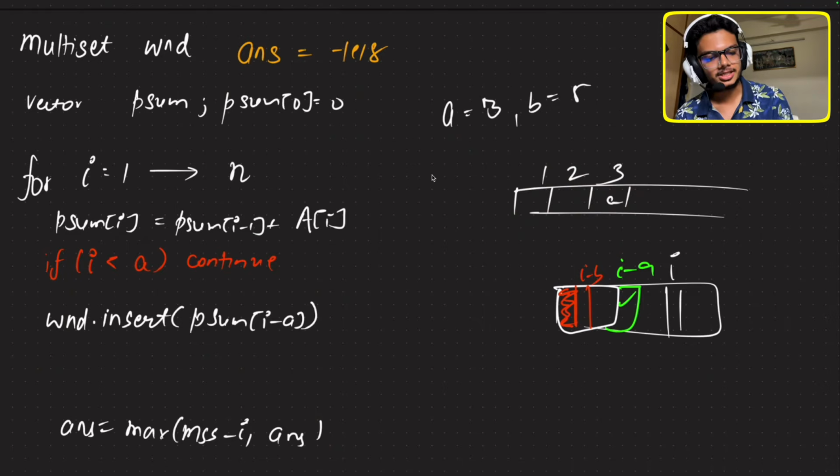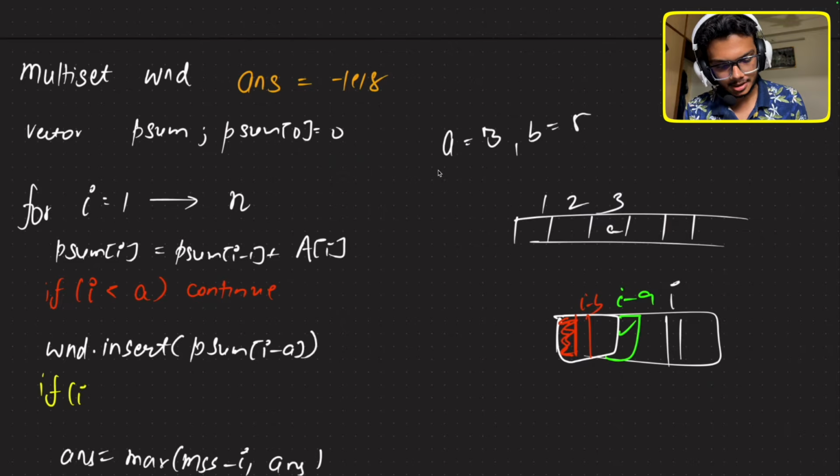So the next check would be, you first check if I is greater than b. For now, let's say it was 4, 5, 6. So let's say I is right now 6. Okay. So if I is 6, then firstly you're going to add the contribution of I minus a, that is 6 minus 3, 3.